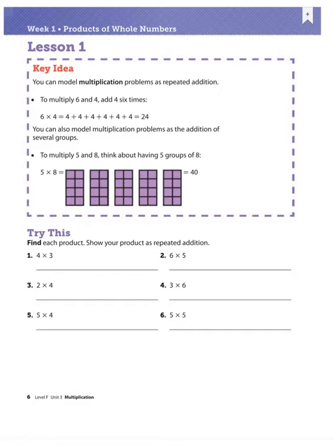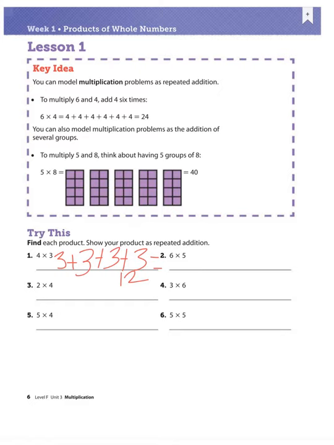On number 1, it says 4 times 3. So I'm going to add 3 4 times. So 3 plus 3 plus 3 plus 3, and I know that equals 12.